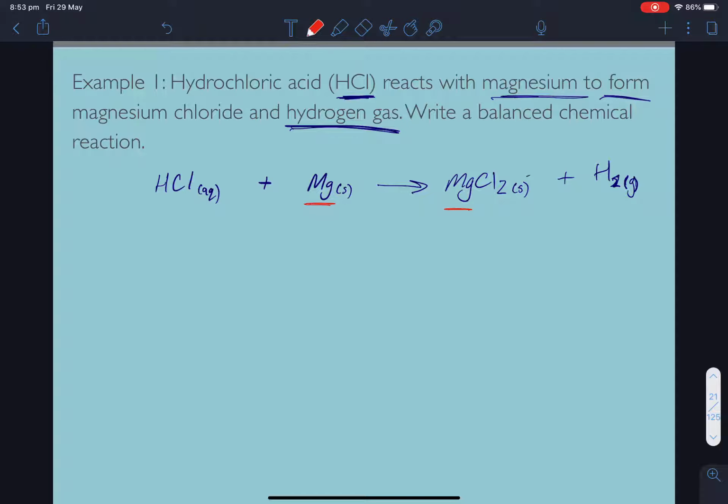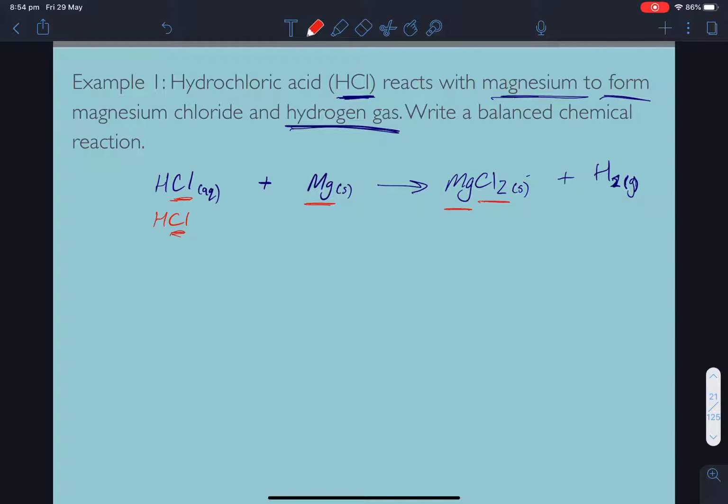Let's take a look at chlorine. I've got 2 in the 1 molecule of magnesium chloride, and I've got 1 here in the hydrochloric acid. So if I want 2 on the left-hand side, I've got to increase it by adding in another hydrochloric acid molecule. Now I have the 2 chlorines on the left-hand side.